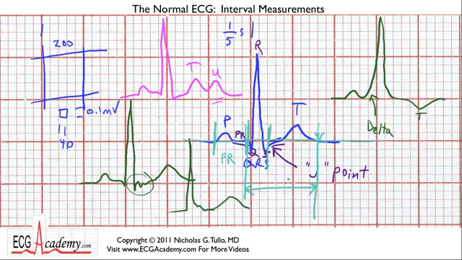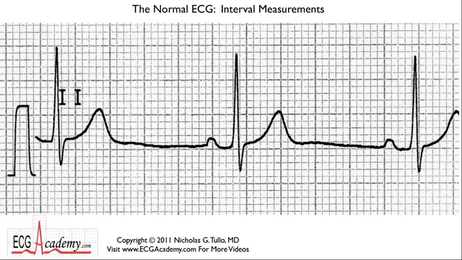All right, so now that we've reviewed all these different parts of the QRS complex, let's start practicing because, after all, we need to measure some of these things. Okay, so here's our normal 18-year-old, and if you glance at this ECG, it's lead 2.